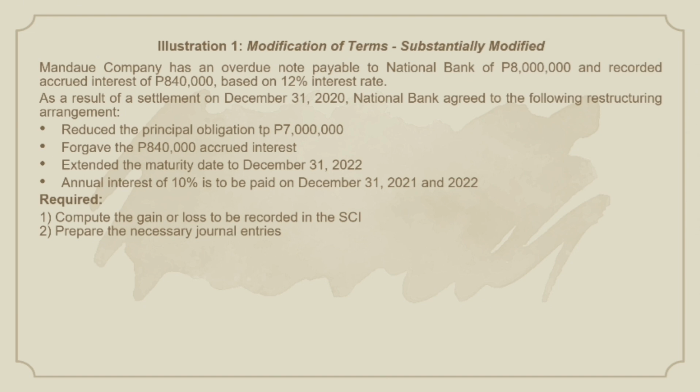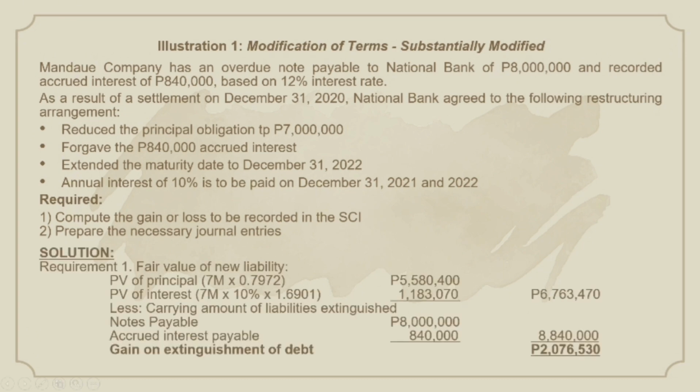As a result of a settlement on December 31, 2020, National Bank agreed to the following restructuring arrangement: reduce the principal obligation to 7 million, forgive the 840,000 accrued interest, extend the maturity date to December 31, 2022, and annual interest of 10% is to be paid on December 31, 2021 and 2022.